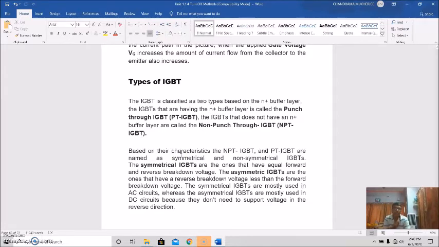Based on this, NPT IGBT and PT IGBT, that is the non-punch through and punch through, are named as symmetrical and asymmetrical IGBTs. The symmetrical IGBTs are the ones that have equal forward and reverse breakdown voltage, and asymmetrical IGBTs are the ones that have a reverse breakdown voltage less than the forward breakdown voltage.